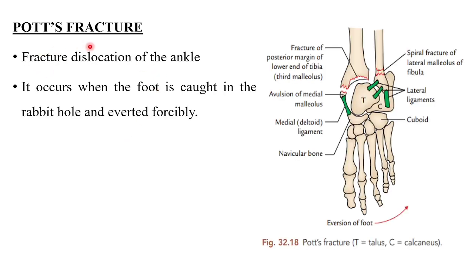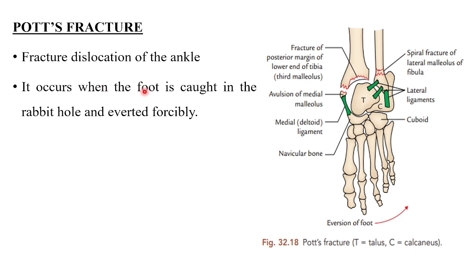Coming to the third clinical correlation, that is your Pott's fracture. The Pott's fracture is a fracture dislocation of the ankle joint. It occurs when the foot is caught in a rapid fall and everted forcibly. So Pott's fracture occurs as a result of fracture dislocation of your ankle joint.